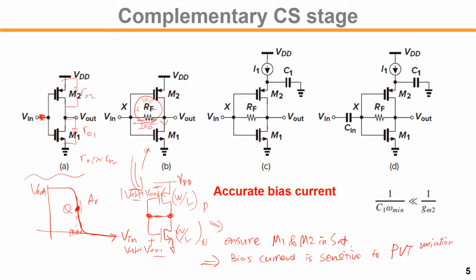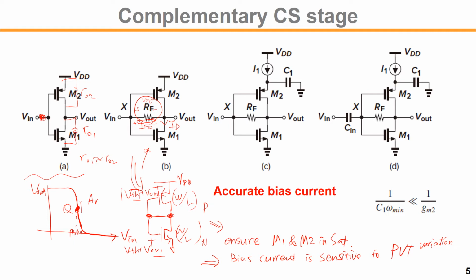The current level depends on the size mismatch, and the current ID will change for different VTH, different size, and different temperature. So in some applications where low power consumption is very critical, you want to have constant current consumption.